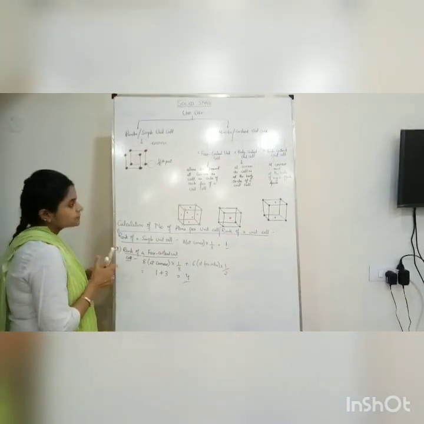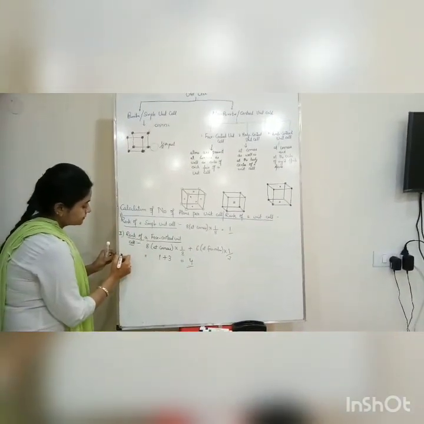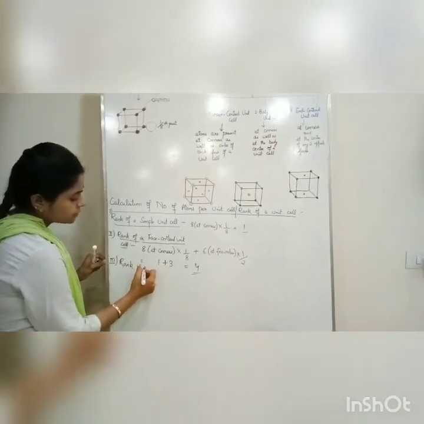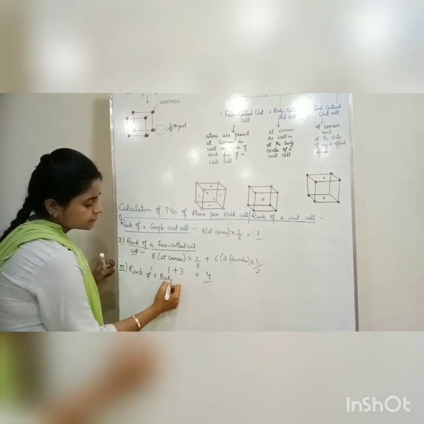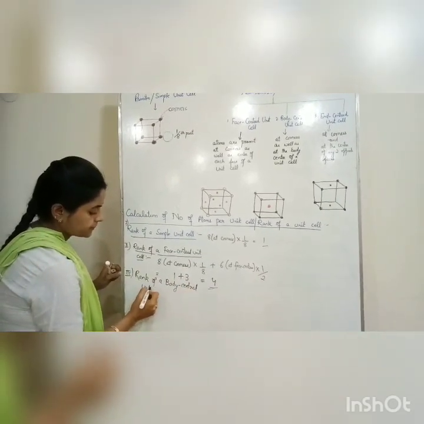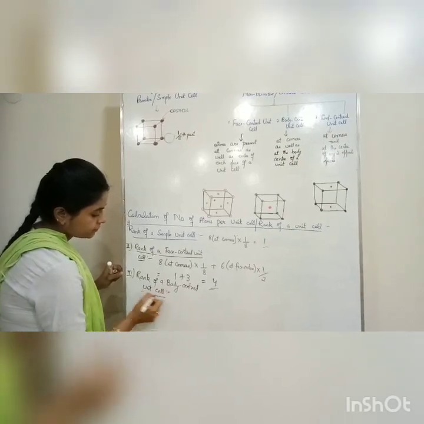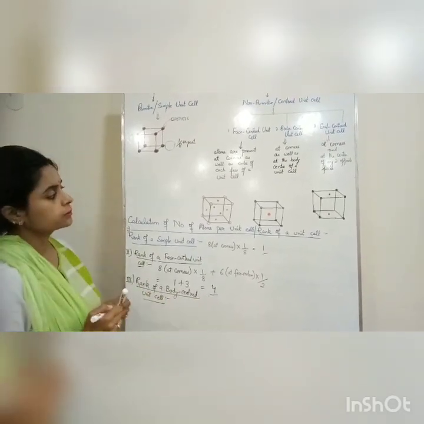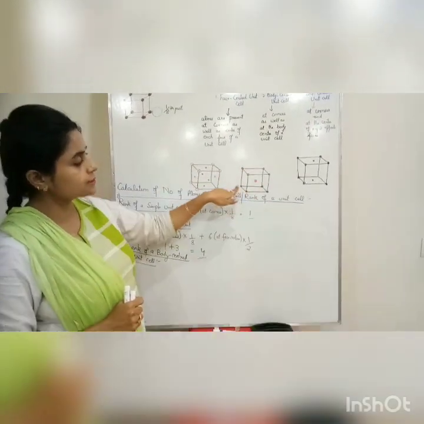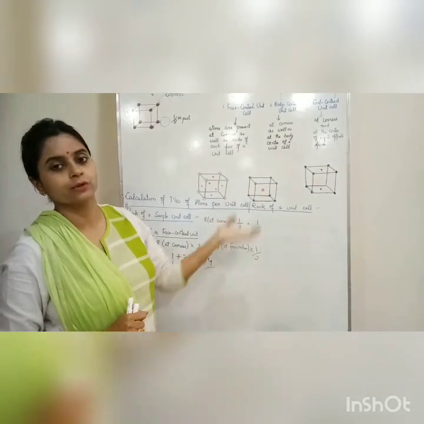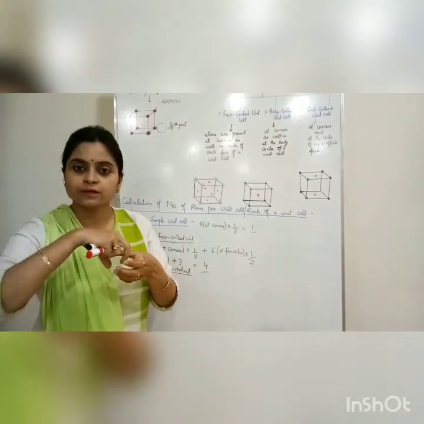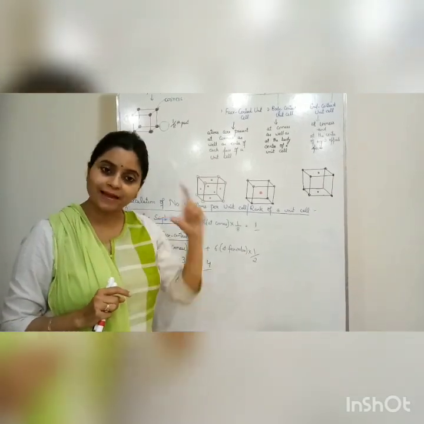Now third one is rank of a body-centered unit cell. Now we have seen that in the body center, atoms are present at the corners as well as within the body of the unit cell. And if we put a ball or a sphere within the cube, it is shared only by that unit cell.